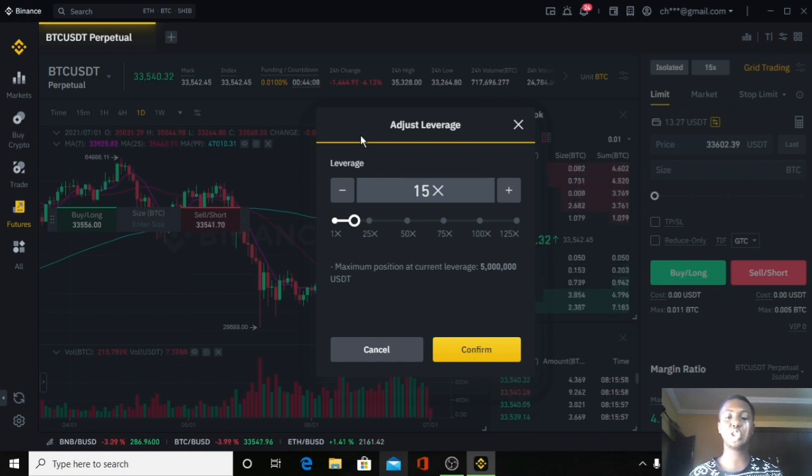Basically, leverage accounts for how much you make in percentage, or how much you're willing to risk to enter a trade. If I'm using 15x leverage, it also accounts for the size of the trade you're entering. So if I'm using 1x leverage and I use $10, I might get 0.0001 BTC.